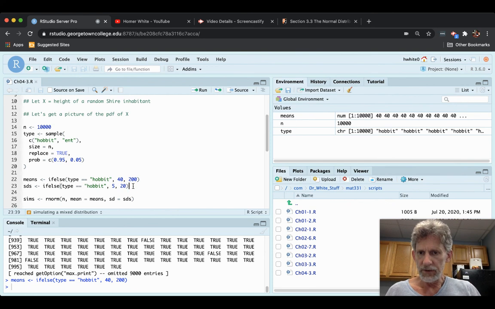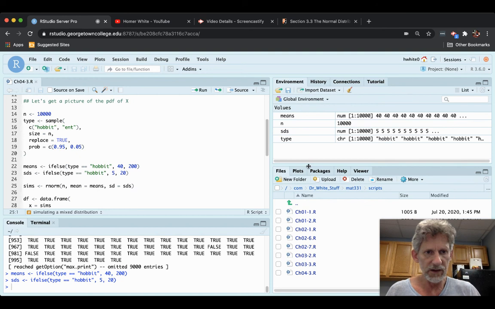Now, standard deviations work the same way. If my creature is a Hobbit, standard deviation needs to be 5, otherwise it should be 20. Okay, so now I've got these SDs. It's mostly 5s and some 20s. And now I'm ready to actually try out my random variable X. I'm going to use the rnorm function to get random normals, and I want n of them.